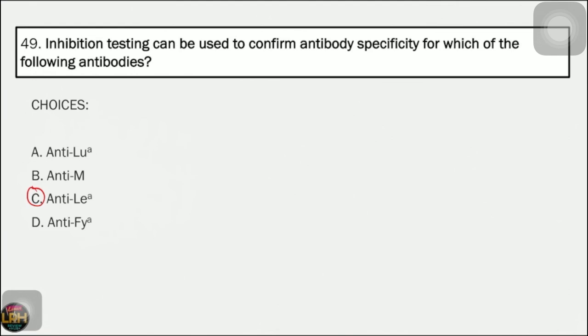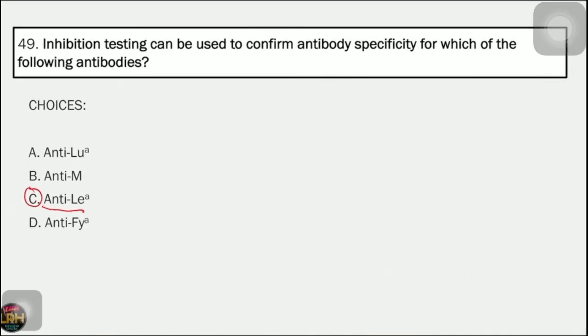This inhibition method is useful for antibodies that can be inhibited by soluble substances such as sugars, proteins, and peptides, and these antibodies may include ABH, Lewis, P1, and Chido or Rogers. So for number 49, we have the Lewis antibody, so letter C is the correct answer.